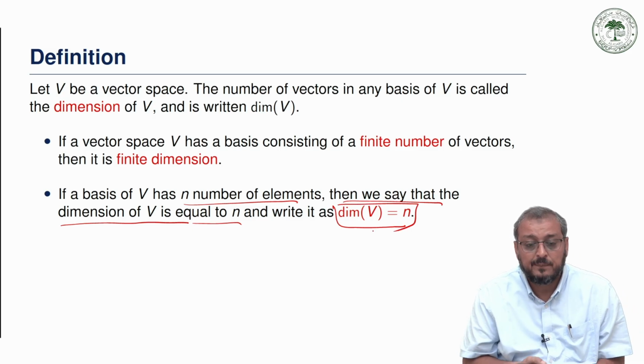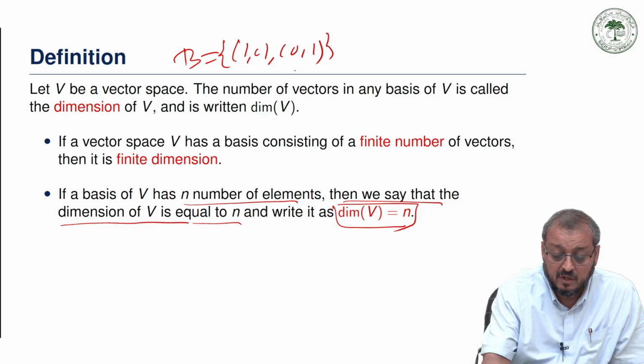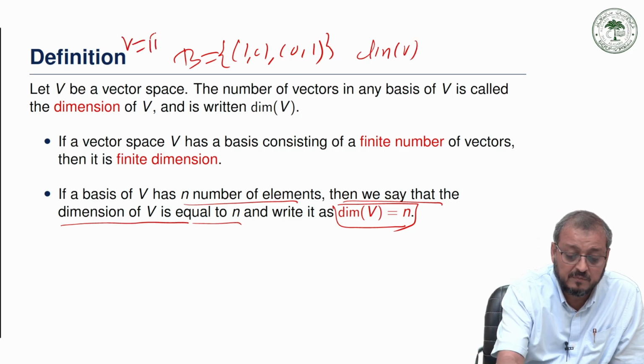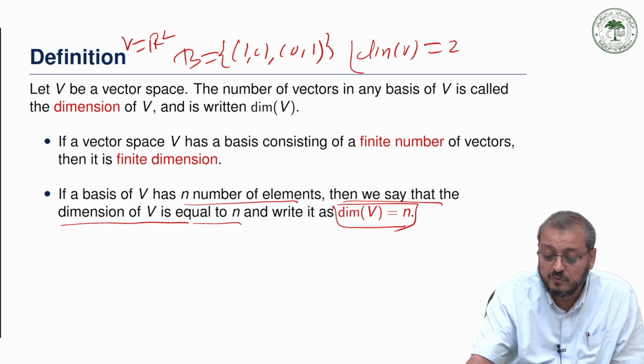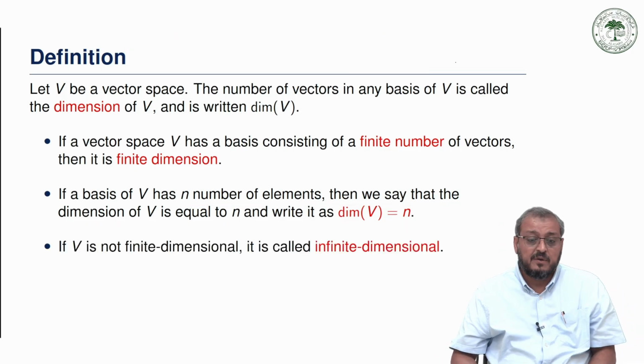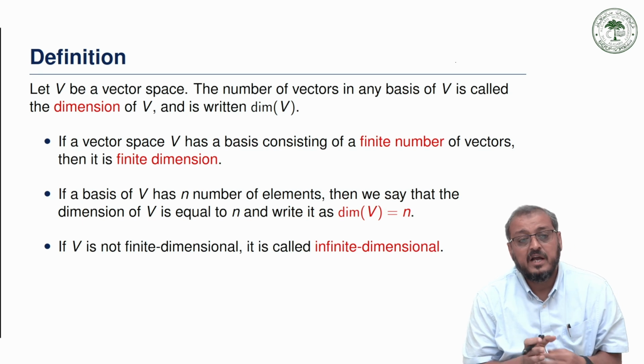Like in the previous example, the basis has only two elements, (1, 0) and (0, 1), and the dimension of this vector space R2 is equal to 2.